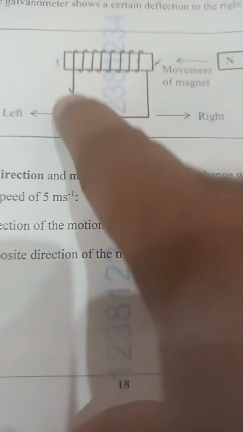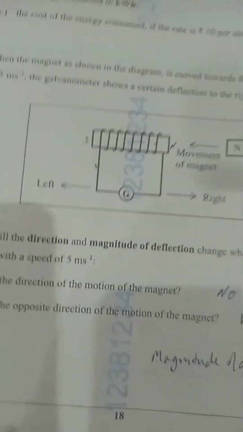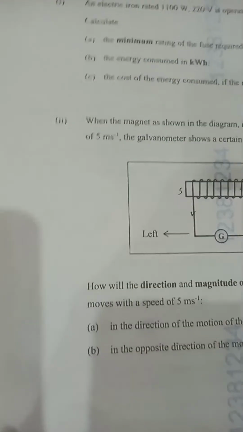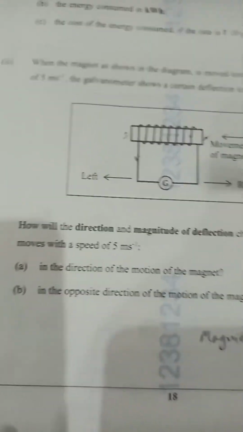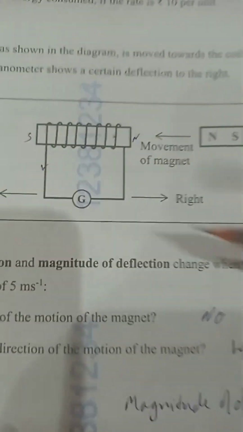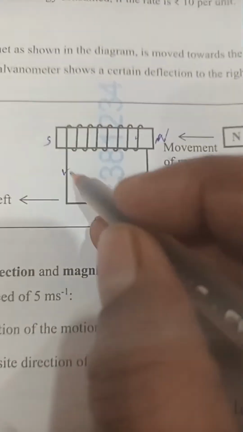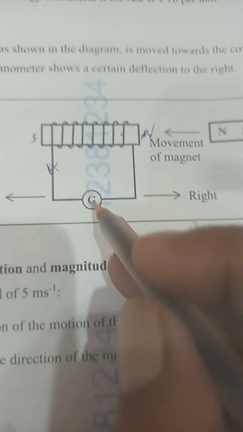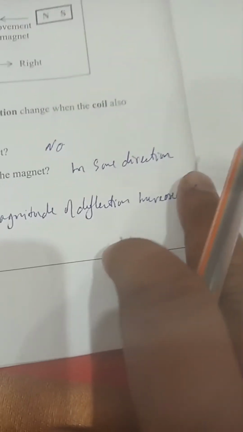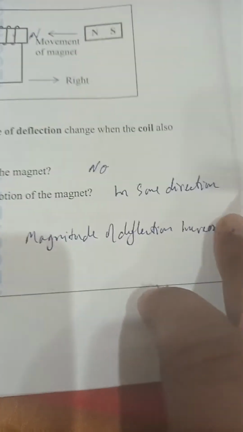This will be north, this one will be south, so this will be the direction of current. So the deflection of the galvanometer will be towards the right.